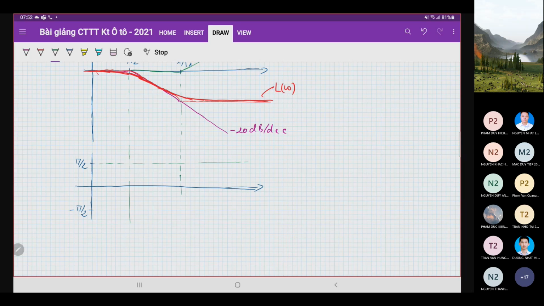Here is the phi1, and here is phi2 omega.